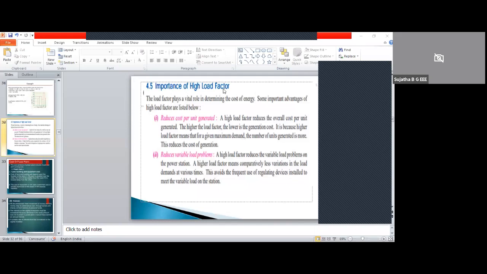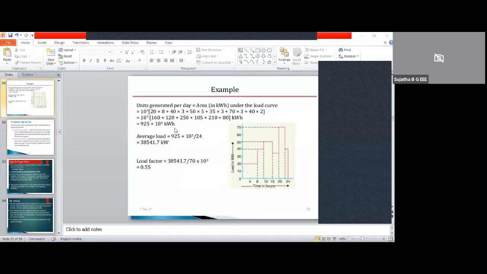A high load factor reduces the overall cost per unit generated, because high load factor means a large number of units are generated, because the system will be designed based on the maximum load on the system.